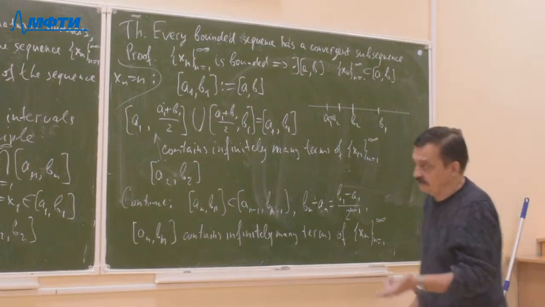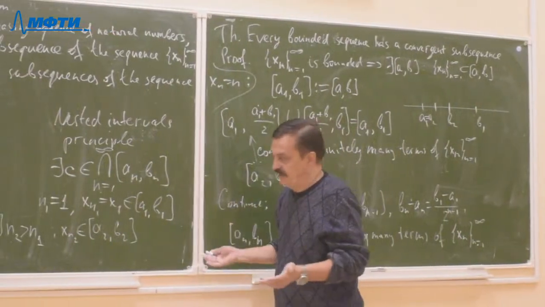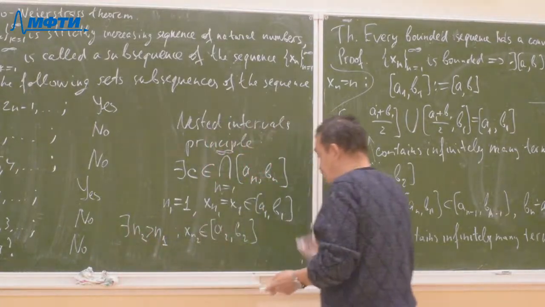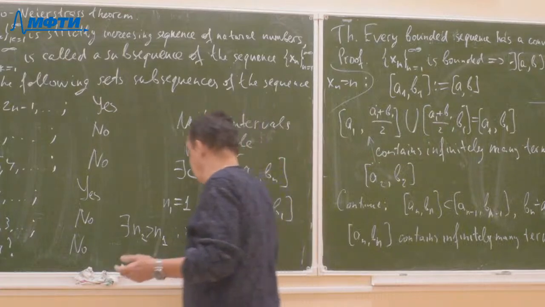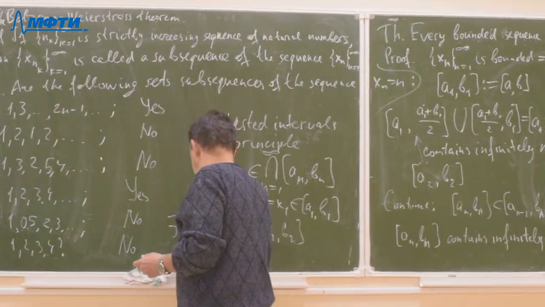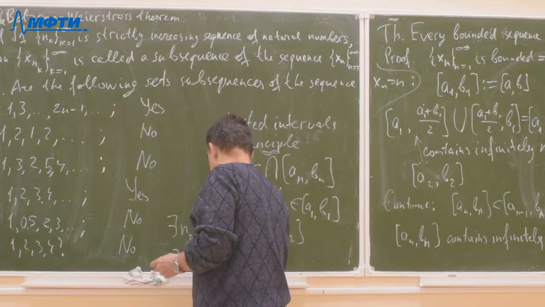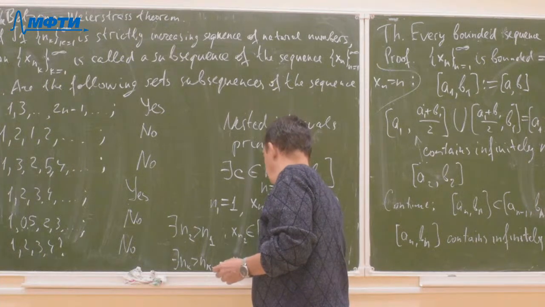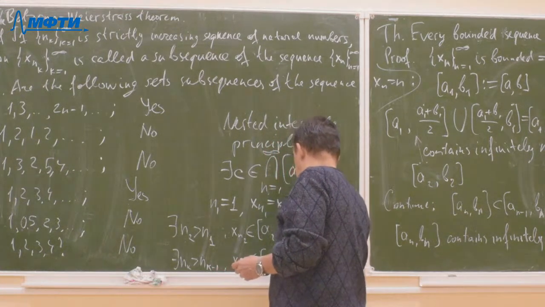And we may continue. Next, a3, b3 contains infinitely many, hence there exists a number n3 greater than n2, and so on. So for arbitrary k, there exists nk greater than n(k minus 1), such that x_nk belongs to ak, bk.